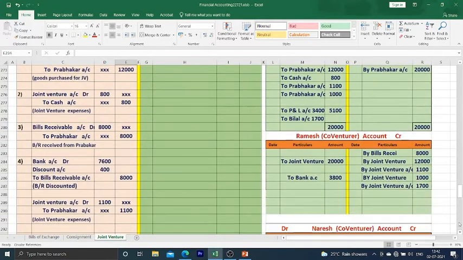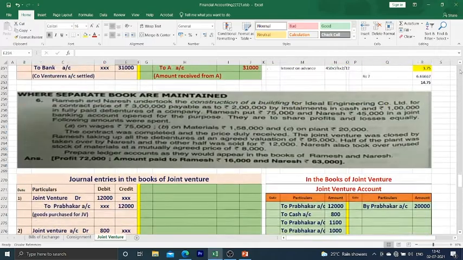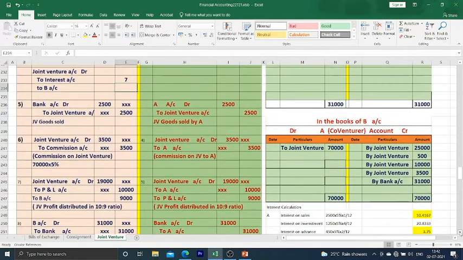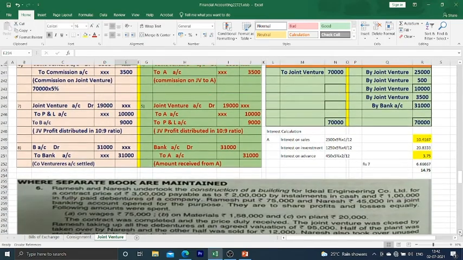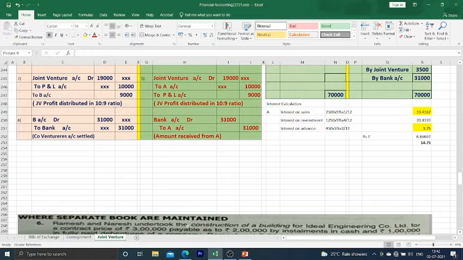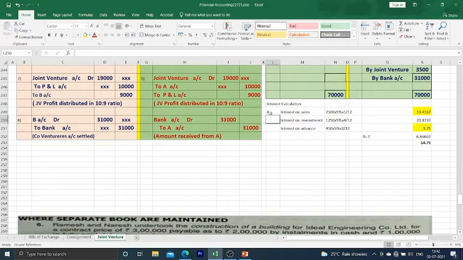B invested how much amount? B. Interest he has to receive on his 880.